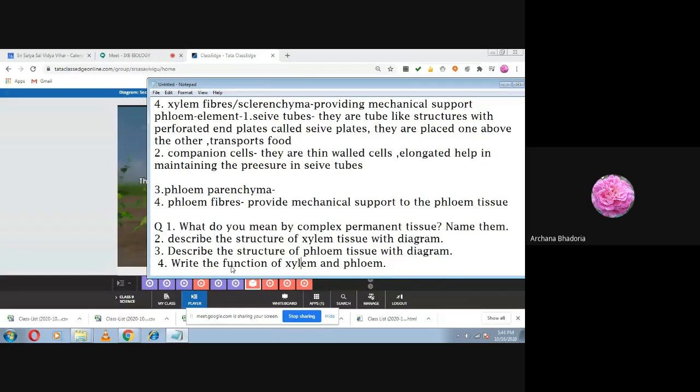Now everyone is having how many questions of this tissue chapter? Presently, how many questions are there in your fair notebook? Ma'am, 15. Okay, so what is that 15th one? Ma'am, this one. Write the function of xylem and phloem.